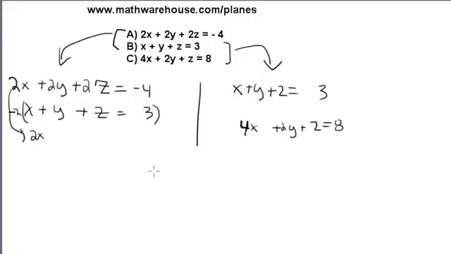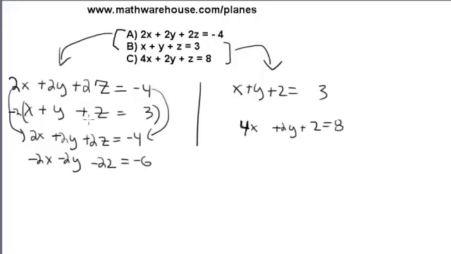So it's going to be 2x plus 2y plus 2z equals negative 4. And on the bottom, it's going to be negative 2x minus 2y minus 2z equals negative 6. Right, so I just multiplied by negative 2, wrote that here. Rewrote this equation here. So here's the pairing.